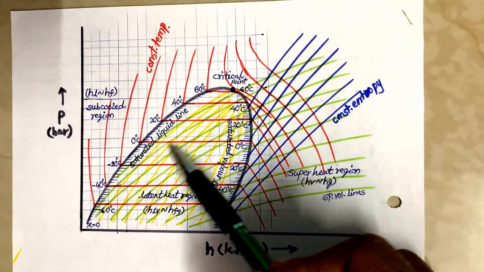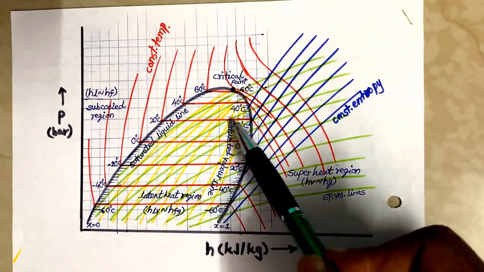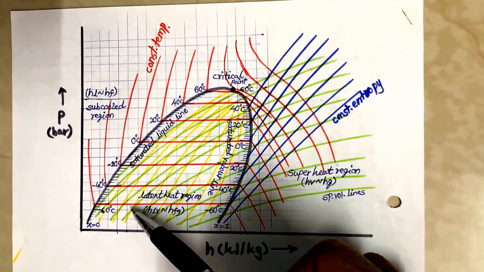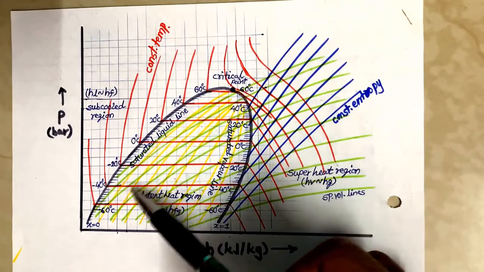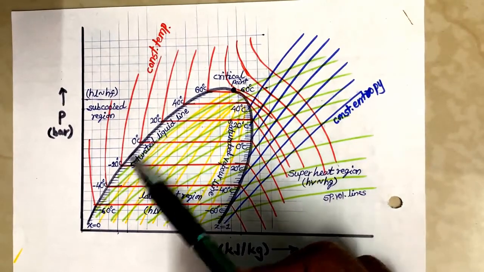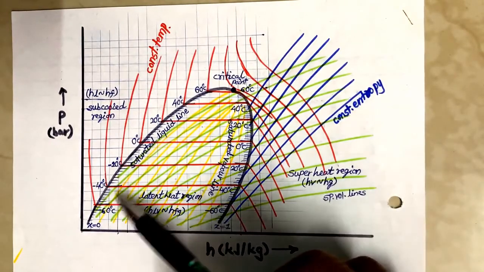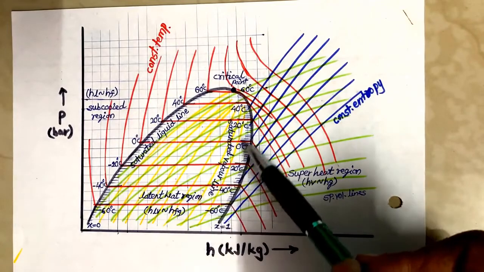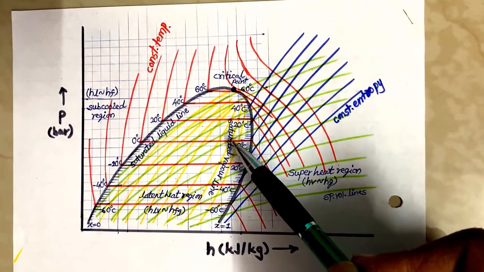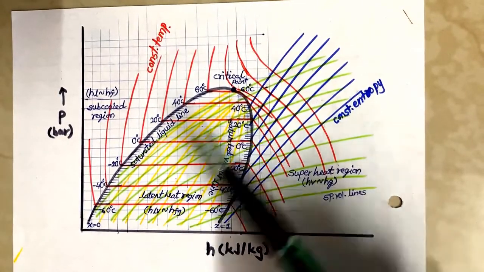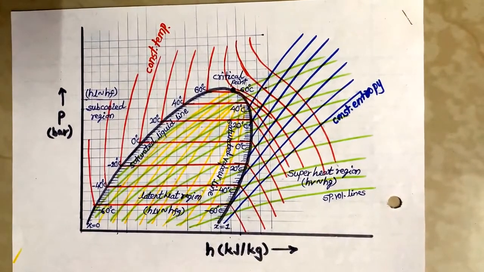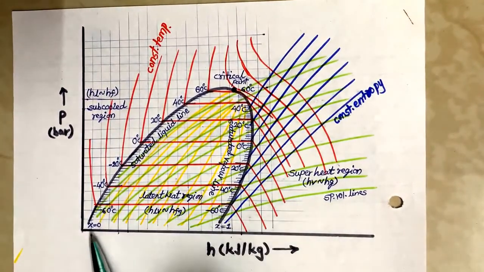These yellow lines are represented inside the dome, located in between the saturated liquid curve and the saturated vapor curve. This yellow line represents the dryness fraction for that particular location. The dryness fraction is represented by the letter x.